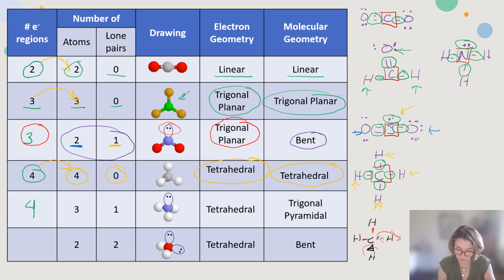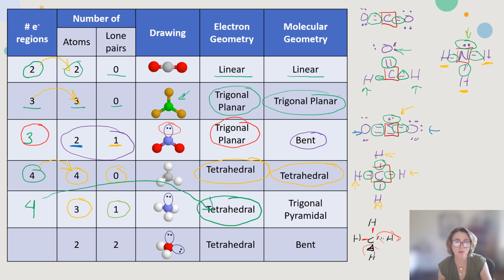Now, I have 3 atoms surrounding that nitrogen, and I have 1 lone pair. Remember that the electron geometry is determined by the number of electron regions. So 4 electron regions means my electron geometry is tetrahedral. 3 atoms, 1 lone pair tells me that the molecular geometry is going to be trigonal pyramidal.